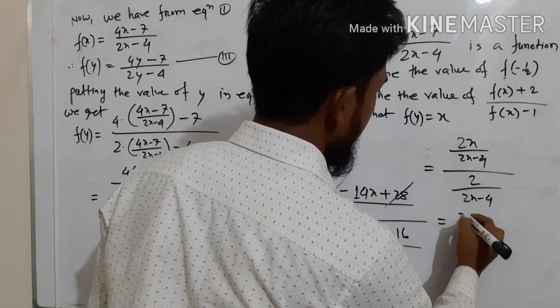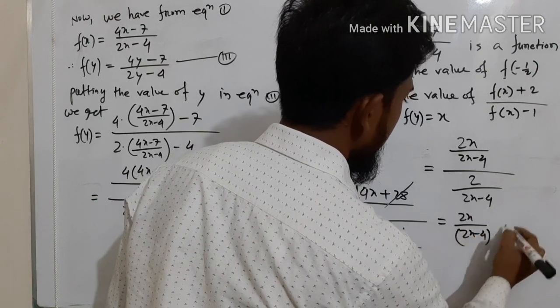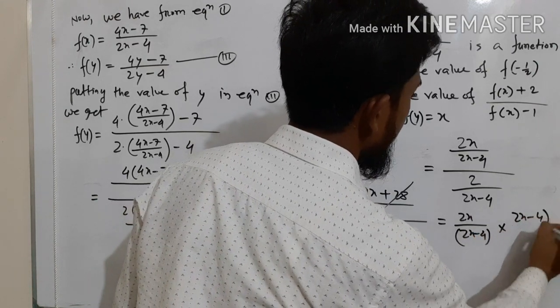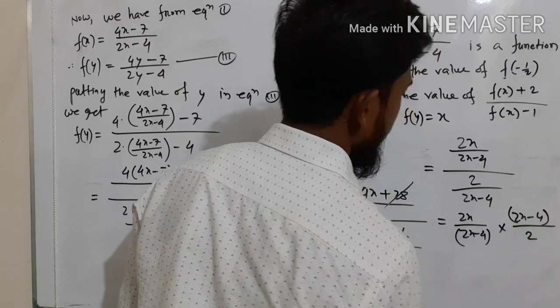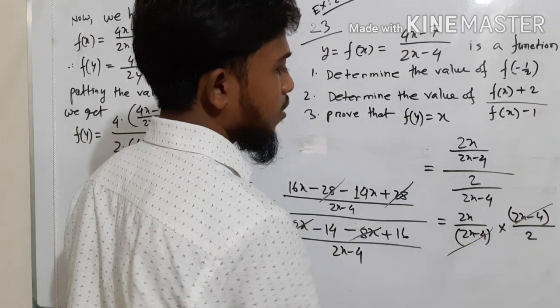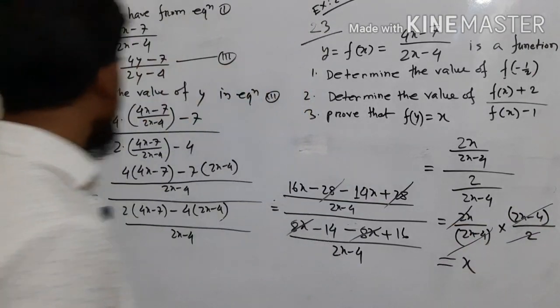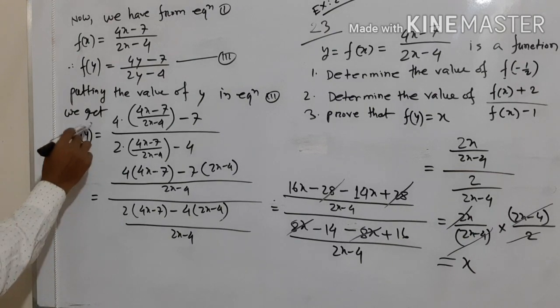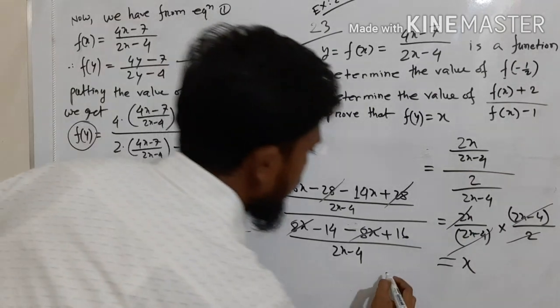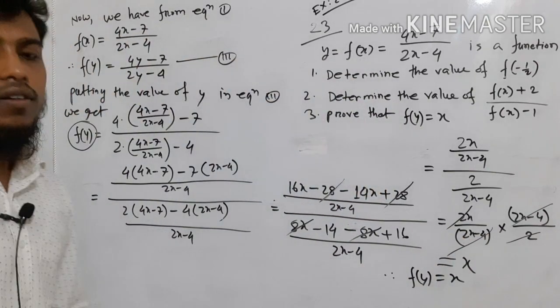So you can write 2x divided by 2x minus 4 into 2x minus 4 divided by 2. Here 2x minus 4 upon 2x minus 4 cancel, 2 upon 2 cancel. So this equal to x. So this is the value of f of y. So f of y equal to x. Proved.